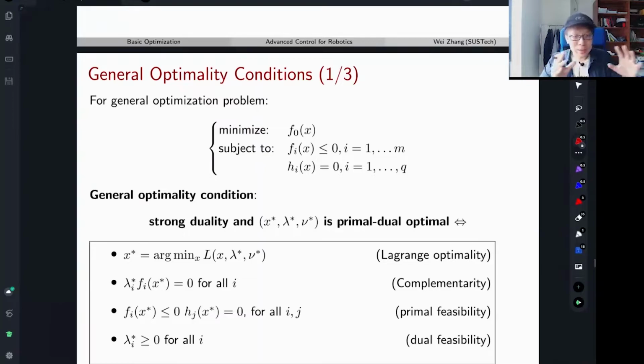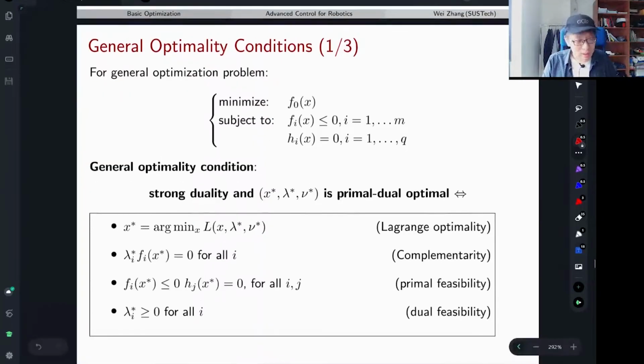Even for the KKT conditions, there are many ways to state them. So I just list the most general one, at least to me, the easiest to remember. I don't need to memorize a lot of subtle conditions and assumptions, like requiring the constraints to be independent. Let's not worry about those technical details.